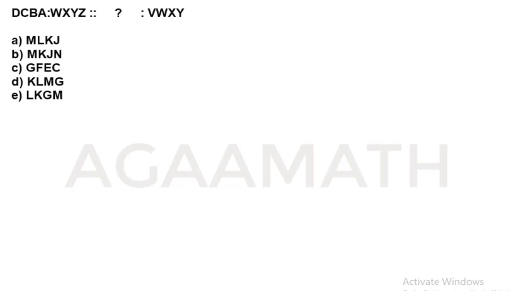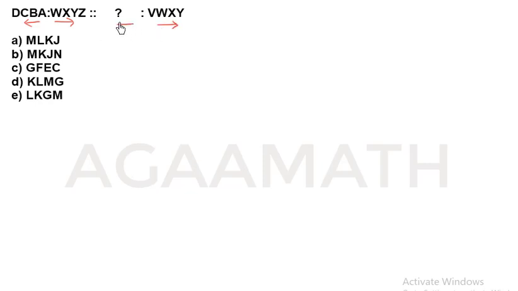In the first given, the letters are in reverse order, like A, B, C, D, and the code is written in the right order, W, X, Y, Z. Similarly, here we have V, W, X, Y.